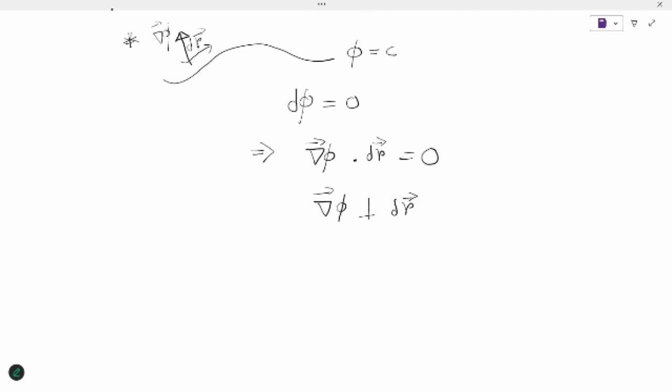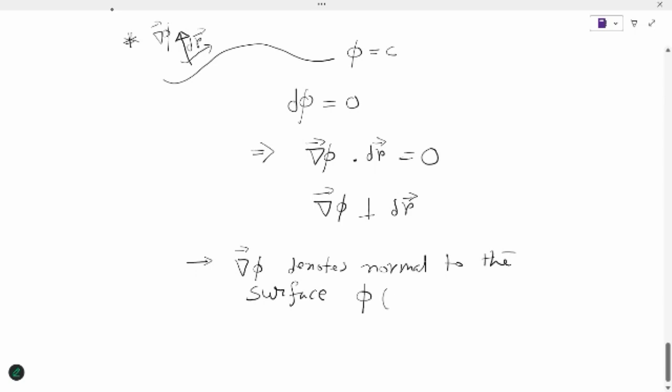Then here grad phi denotes the normal to the surface phi of x y z equals c. So we will stop here.